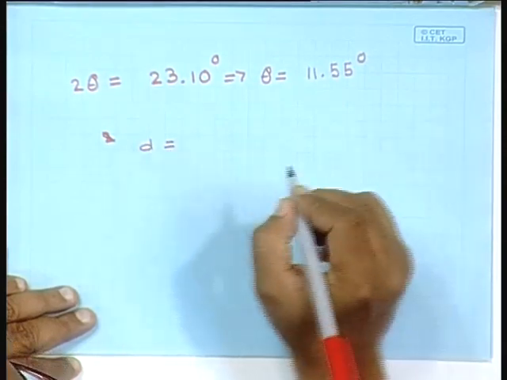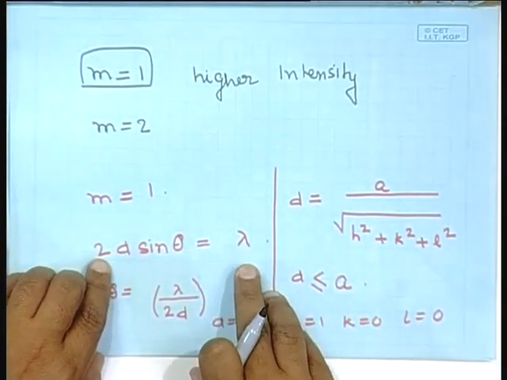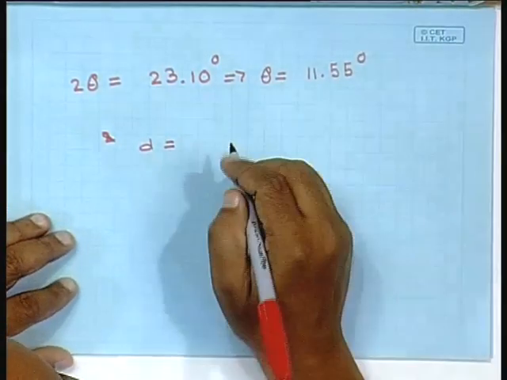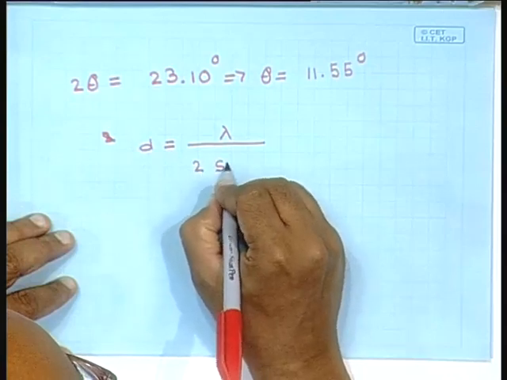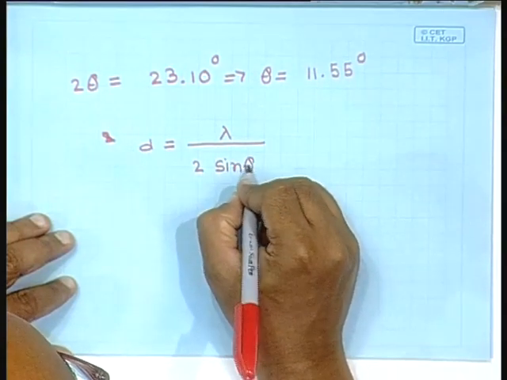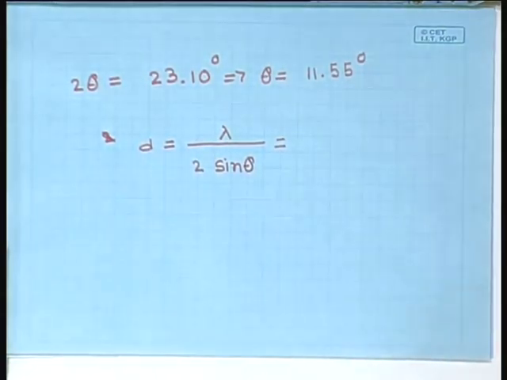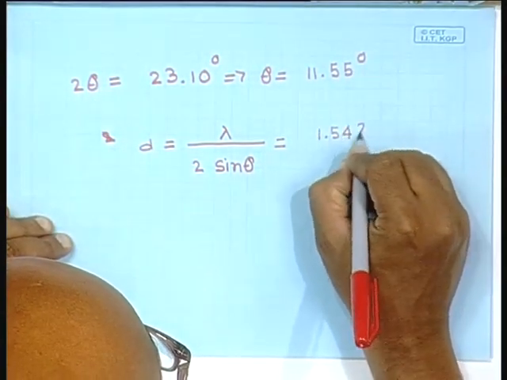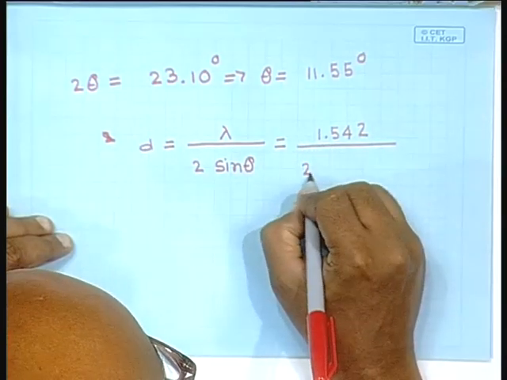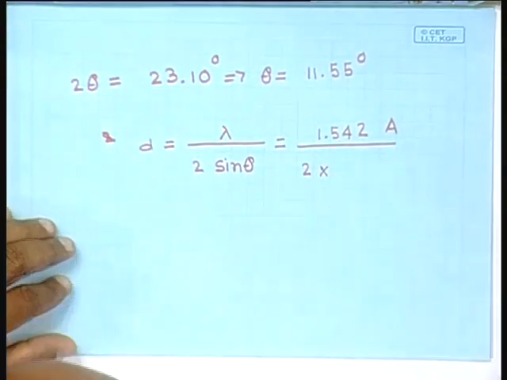Let us determine d from here. d is equal to lambda by 2 sin theta, and this gives us 1.542 Angstrom divided by 2 into sine of 11.55.